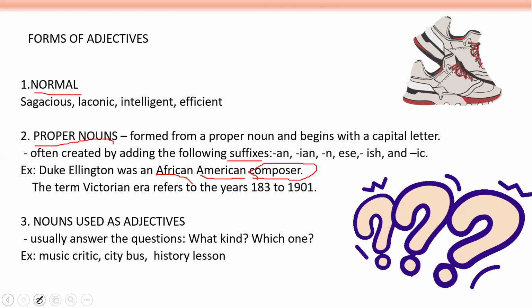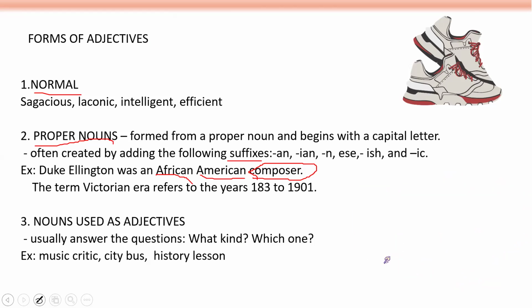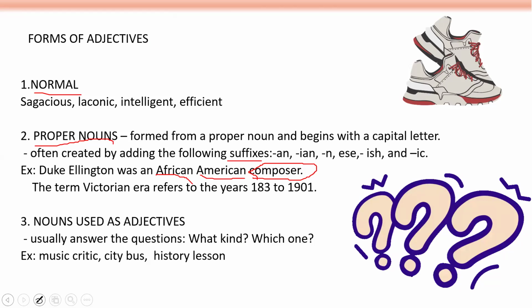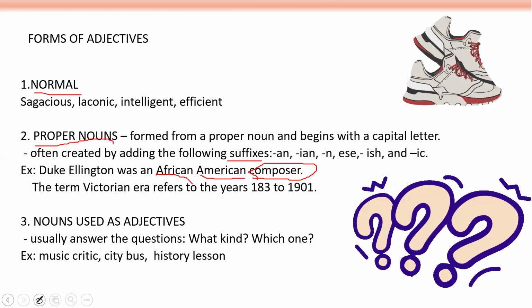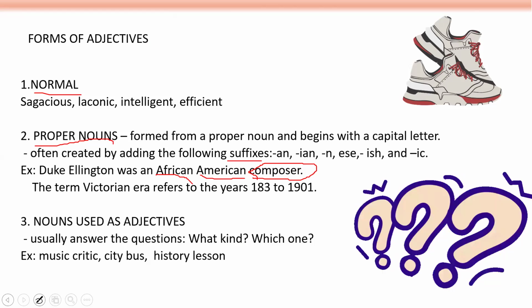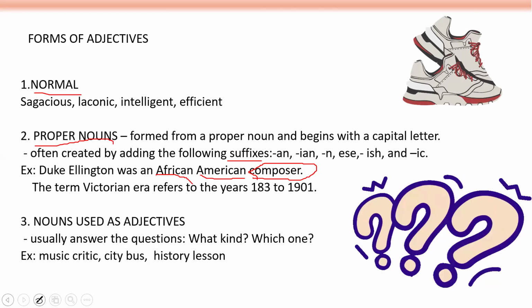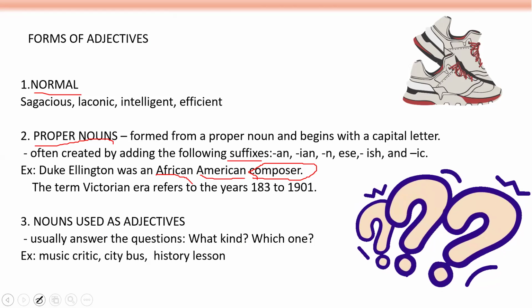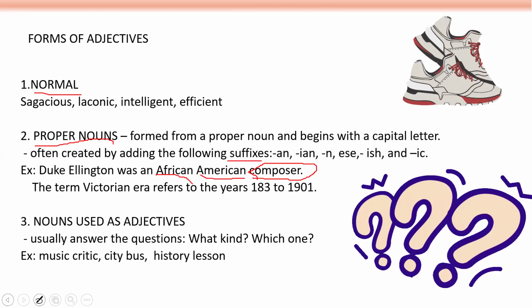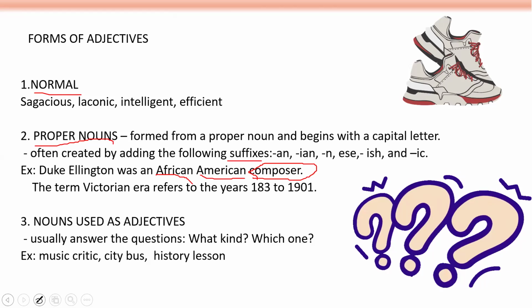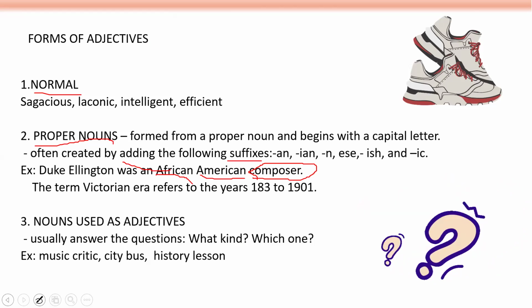All right. So today our topic is adjectives. We're already talking about the different forms of adjectives, and we're on number 2. As I was saying, pronouns that act as adjectives should be followed by suffixes, or you should add suffixes to make them adjectives. Okay.